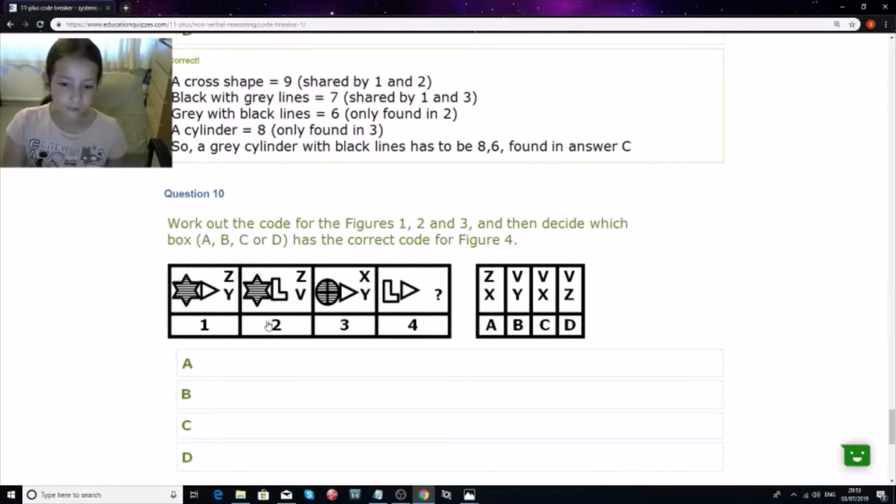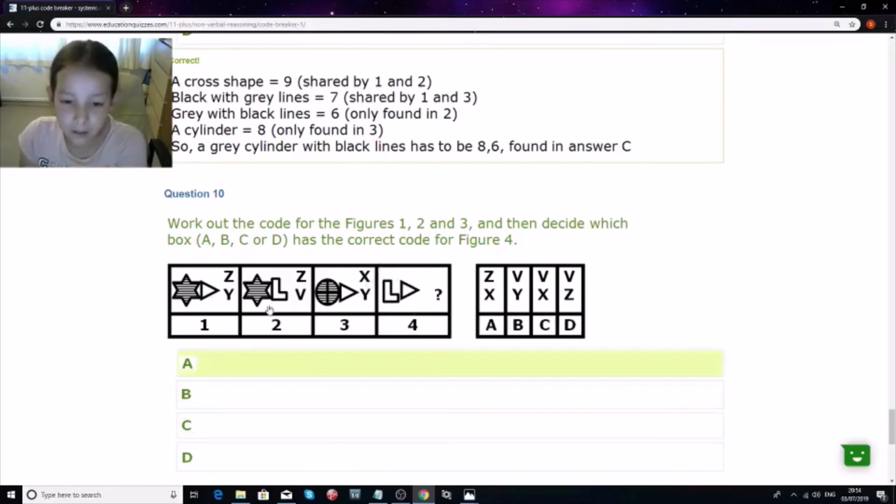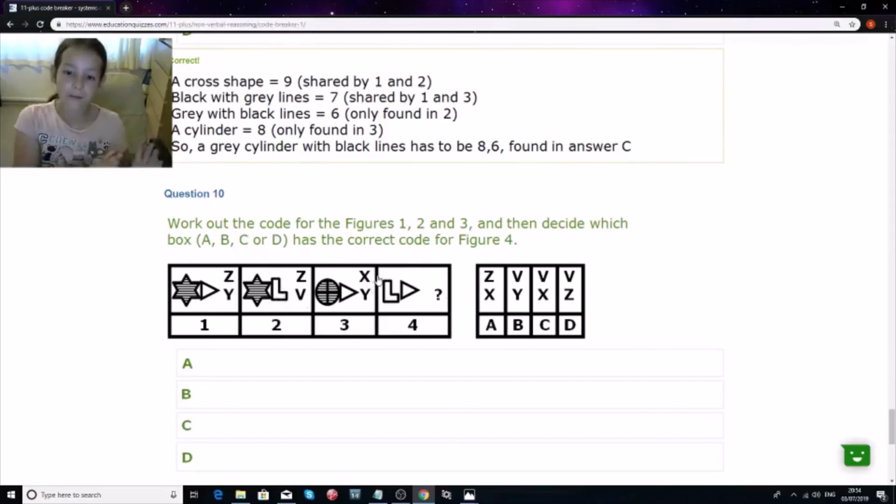So, Z and Z. So, this starts with L, and sort of L figure, let's call it that. But, if you can see, number 2 has an L shape only on the right. So this time, since it is on the left, it must be the first letter.